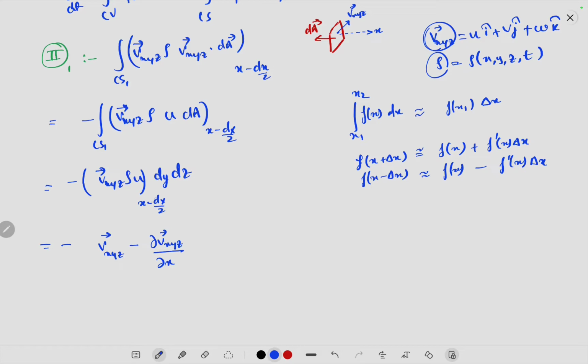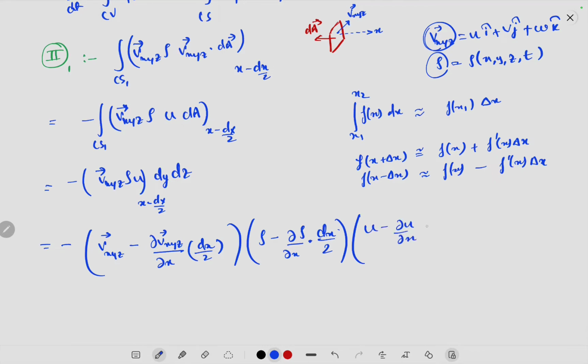What was delta x? Delta x is dx by 2. Okay, similarly we can write for rho and for u. So let's just write it down. Rho at x minus dx by 2 can be written as rho minus del rho by del x dx by 2, and u becomes u minus del u by del x dx by 2.